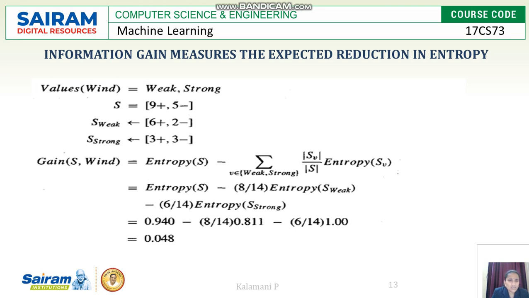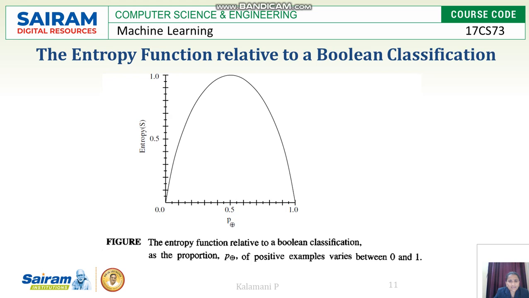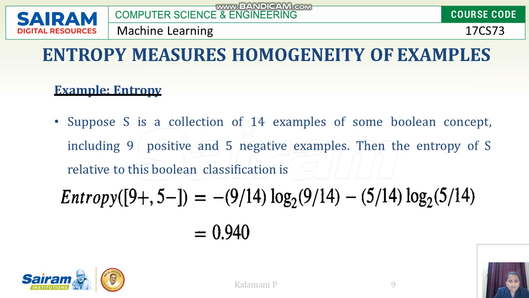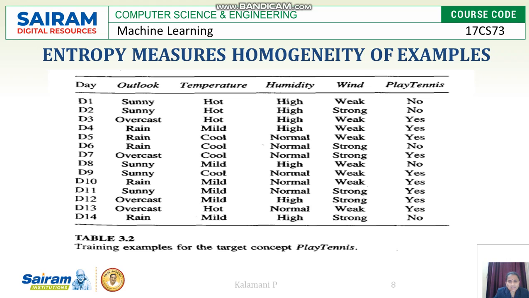So based on that it will be calculated. For example, take wind. Values of wind: it takes two values, either weak or strong. S, as we have already seen, has 9 positive and 5 negative examples. Then S weak: how many instances take the wind value as weak, for positive and negative?